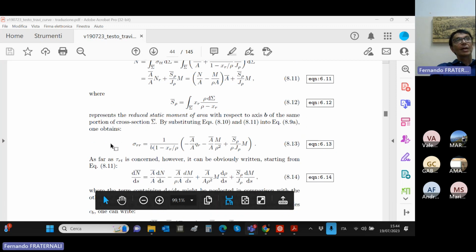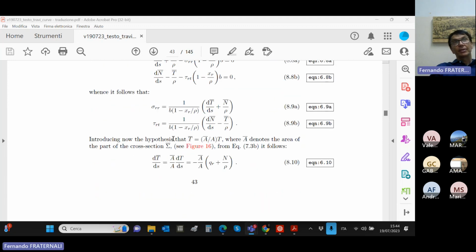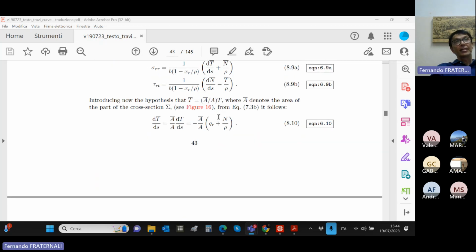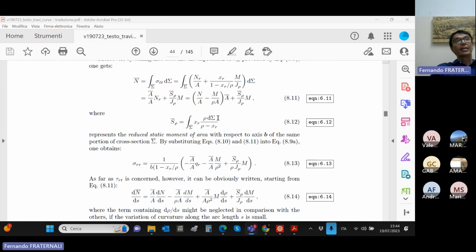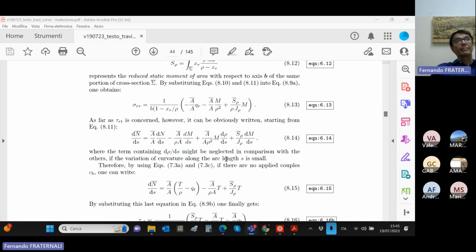Next, for the tau RT, the formula for the tangential stress, we have to compute dN bar over ds. dN bar over ds is obtained again through this assumption and using the equilibrium equations of the beam.